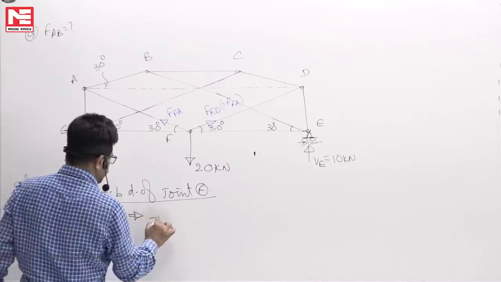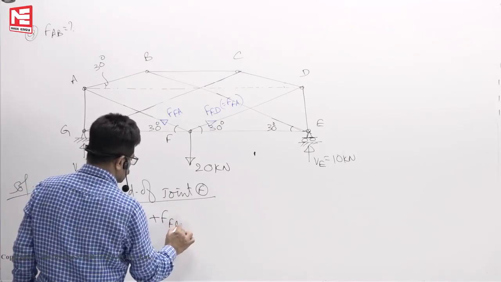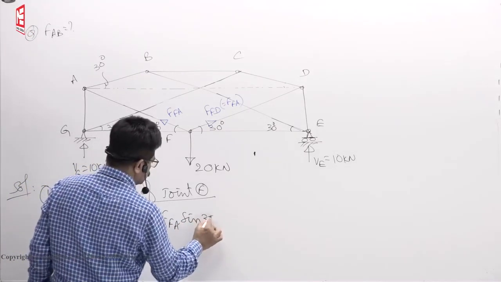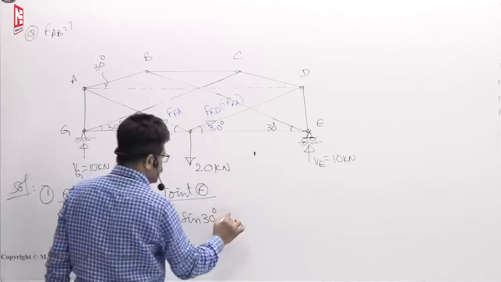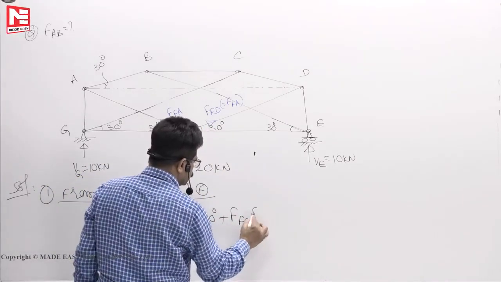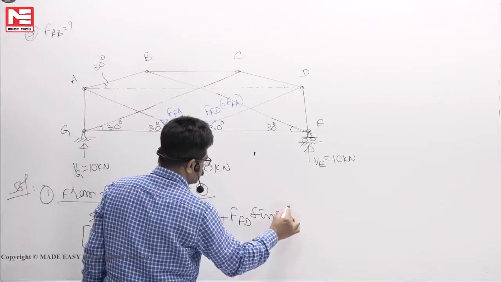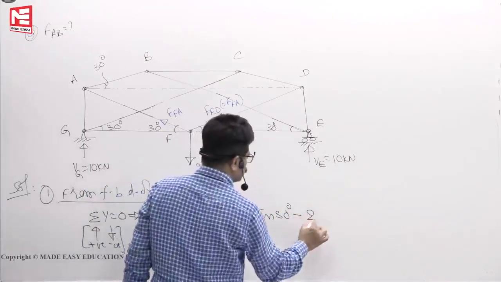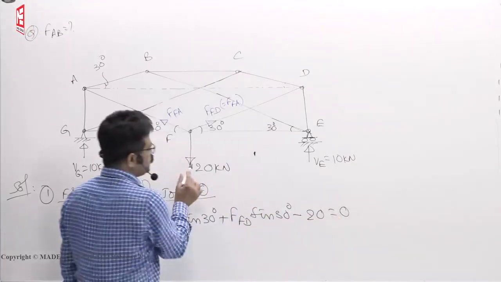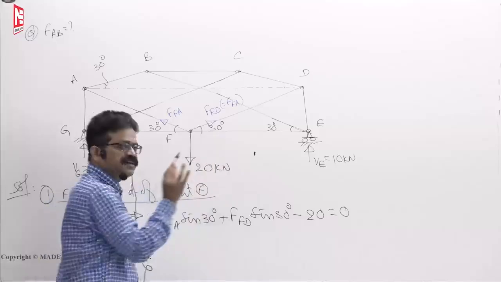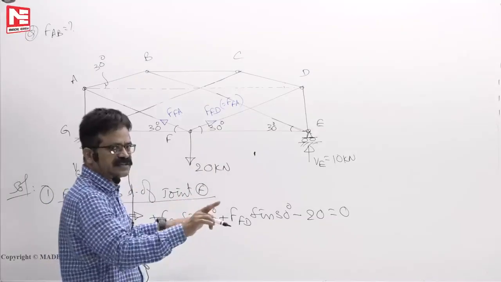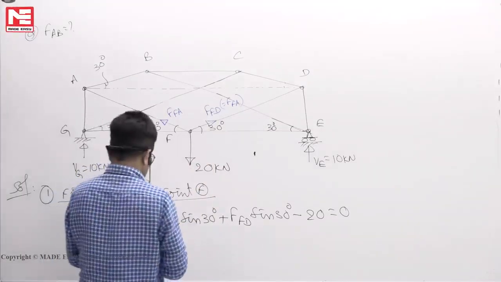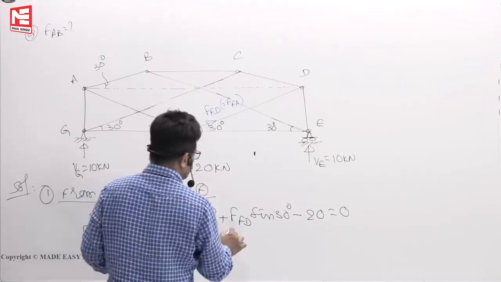So, plus FFA sin 30 plus FFD sin 30 minus 20 must be 0. Then these two members will not come into picture because they are horizontal, y component is 0. Then this FFD is nothing but FFA.